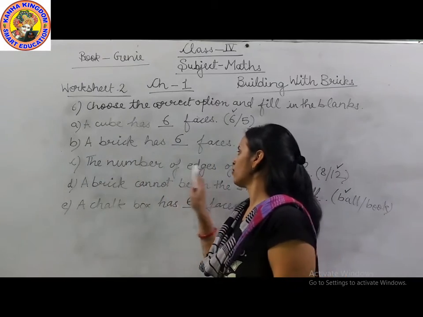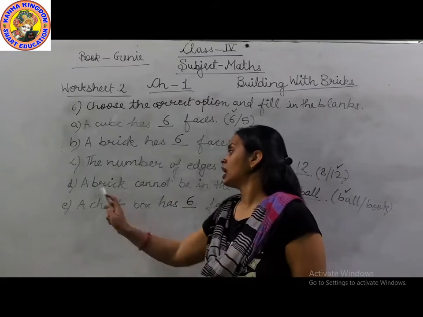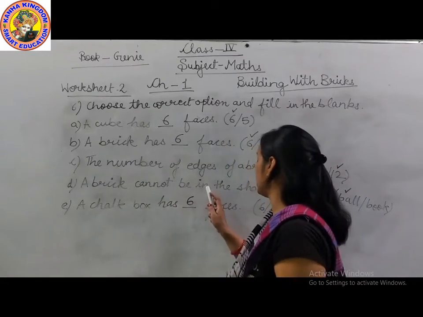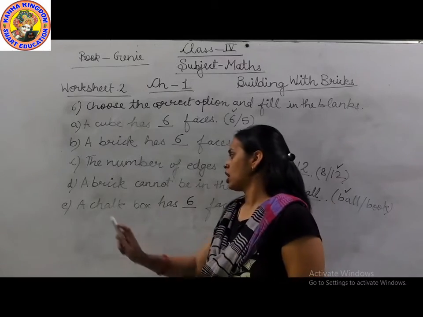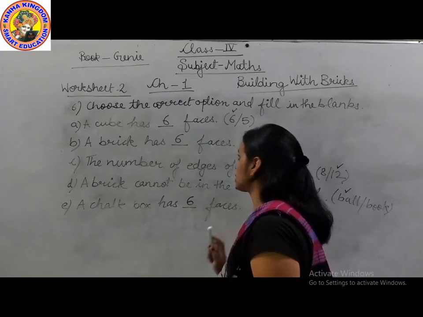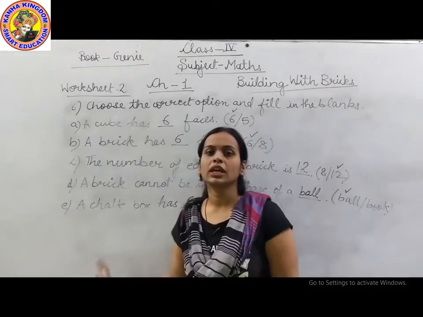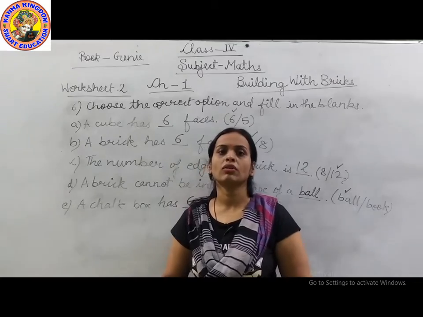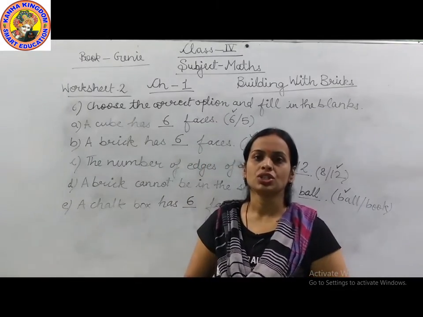The number of edges of a brick is 12. A brick cannot be in the shape of a ball. A chalk box has 6 faces. Okay, so write this down in your Genie book and solve all the questions of worksheet 2 in your Genie book.